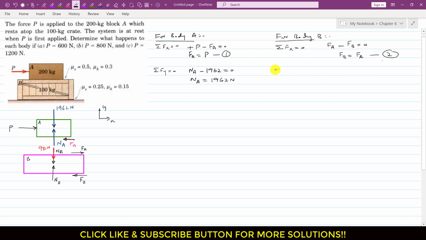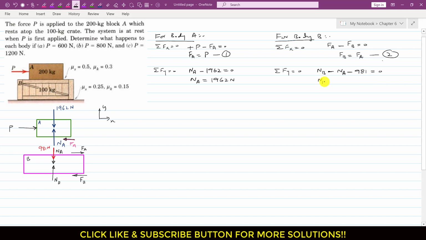Similarly, if we apply the summation of forces along y equals 0, we can see that Nb is acting in the positive y direction, so I will write Nb. Na is acting vertically downward, so I will write minus Na, and the weight is also acting downward. This red arrow is 981 newtons, and Na is this black arrow. So I will write minus 981, equal to 0.